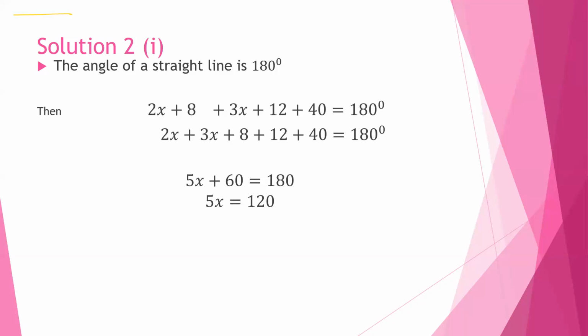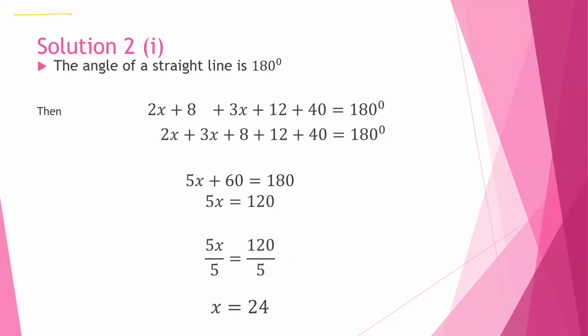So we have 5x equal to 120. So when we want to remove our 5, we want to find x. So you divide both sides by 5 and then you have x is equal to what? 24. Right? We now know that our x is equal to 24. Okay.